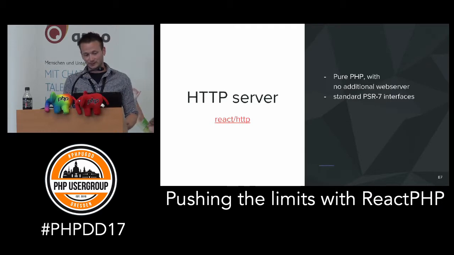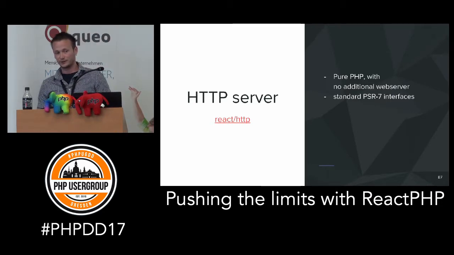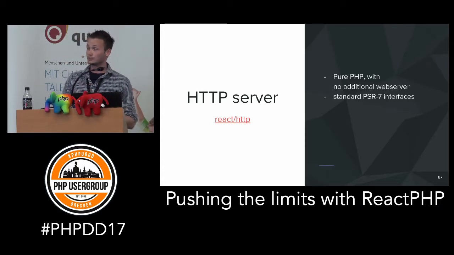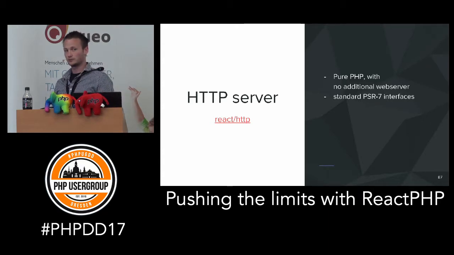So this is the client side. Let's look at the server side. There's also an HTTP server. It's written in pure PHP, no additional web server whatsoever, and it also uses the standard PSR-7 interfaces. And last week we also got standards-compatible middleware interfaces, which is cool because we also heard a middleware talk today.